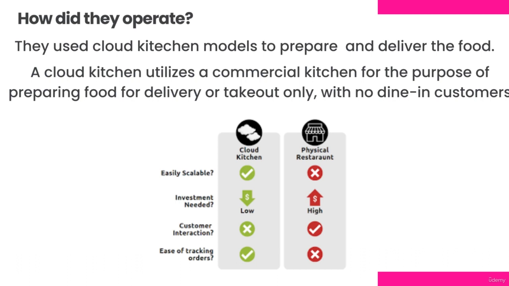Only the kitchen with basic kitchen equipment and the chef has to be set up. Only these costs are there. And the main advantage of a cloud kitchen is that it is easily scalable because the model can be replicated again and again as compared to a physical restaurant, and the investment needed is low as well.